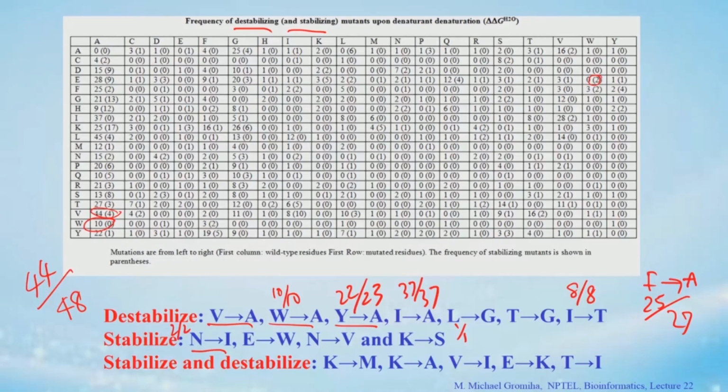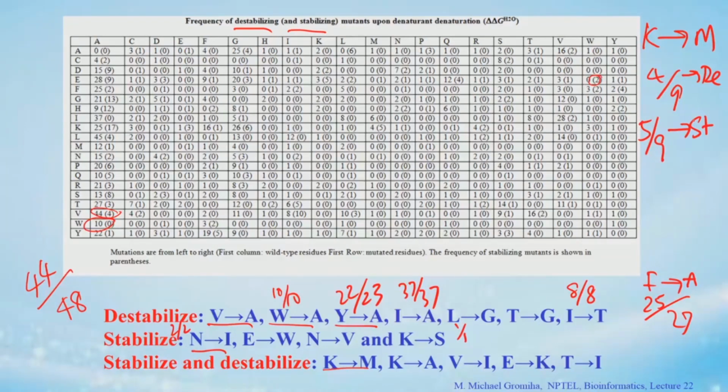And in some cases, they will both stabilize and destabilize. For example, take K to M. Out of 9, 4 are destabilizing and 5 by 9 are stabilizing.